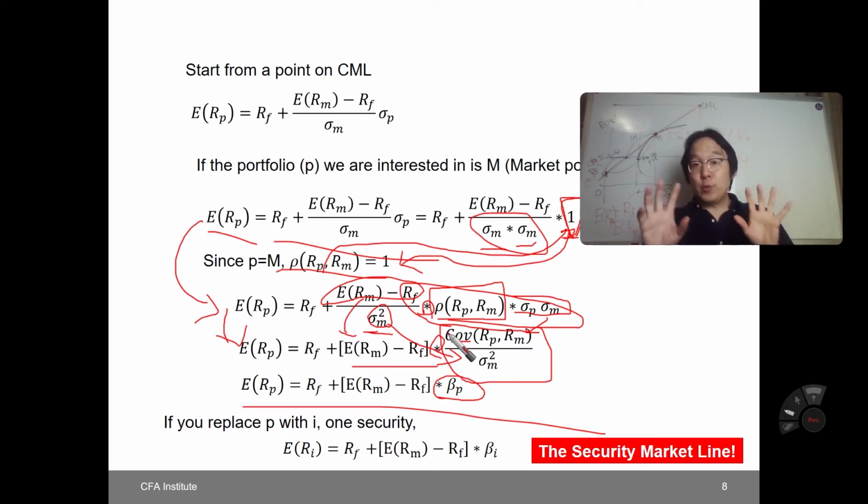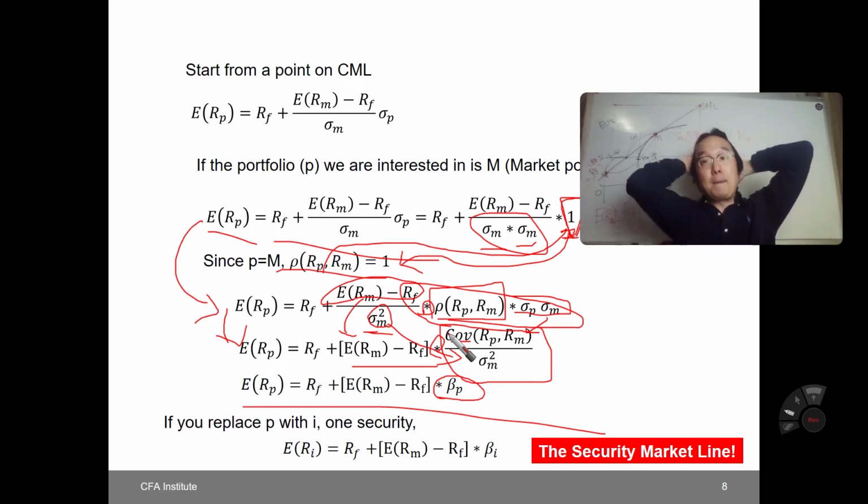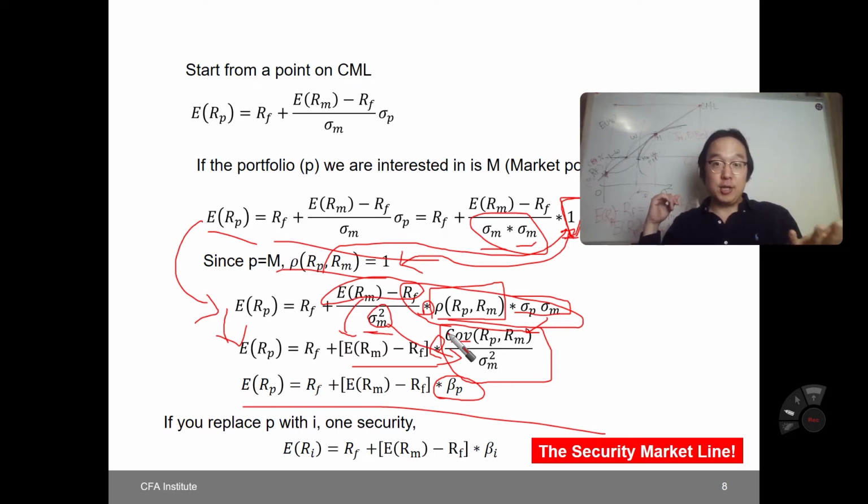So we have the portfolio level equation. We just replaced the capital market line equation into some equation that involves beta. And because this is a beta over the portfolio, we can imagine a situation where you have only one security in your portfolio, a very special case, but we can just extend our ideas.